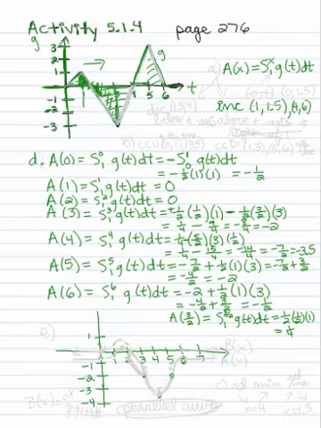And notice I have a comma, not a union. Again, it's because it's above the t-axis and to the right of 1. And then we're decreasing where we're below the t-axis on the right of 1. So that would be 1.5 to 4. And that's it.